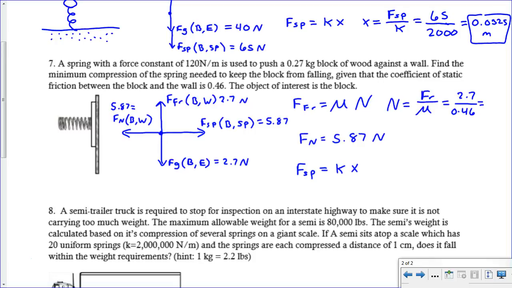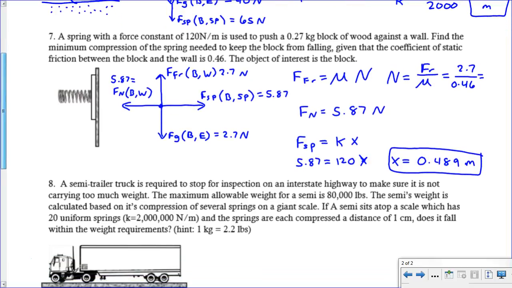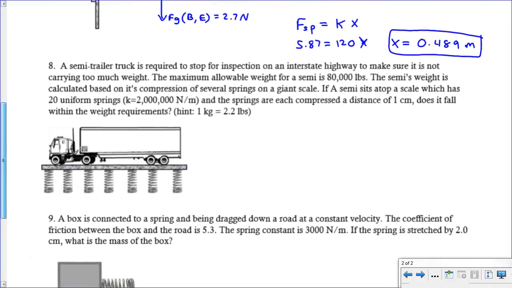So 5.87 equals 120 times the distance it's compressed. Solving for x, or the distance compressed, we get 0.489 meters. All right, and that's the final answer. That one was tough, lots of steps in that one, so that one's probably the hardest one on here, I think.